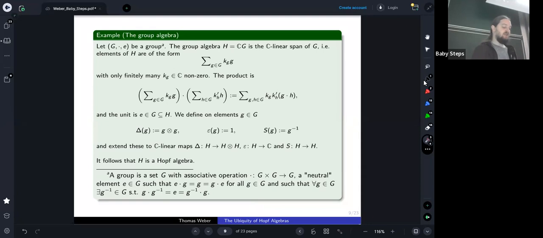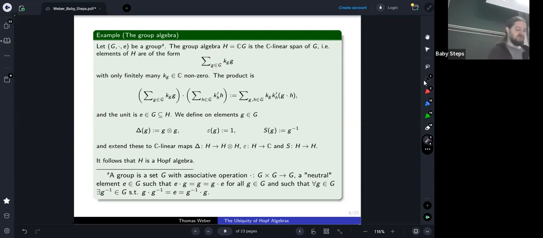So the group algebra is just the C linear span of G, meaning that elements of H are of this form here, where we sum over all group elements, and the k_g are elements of C, where we want only finitely many of those to be non-zero, because we want a finite sum.